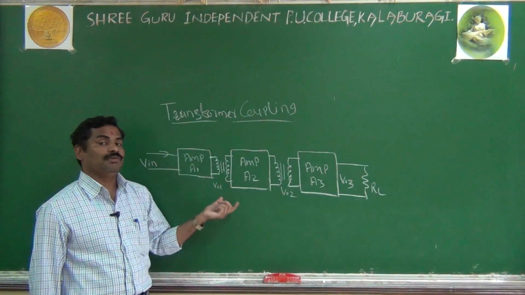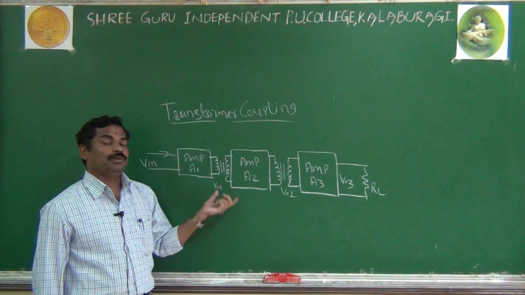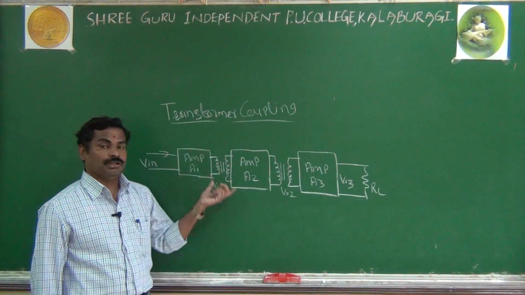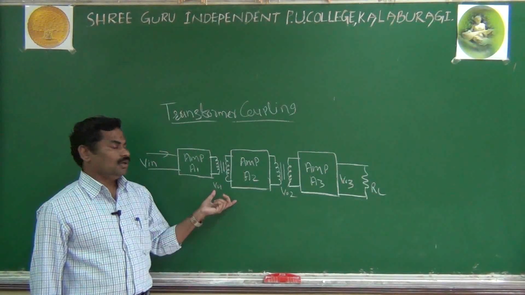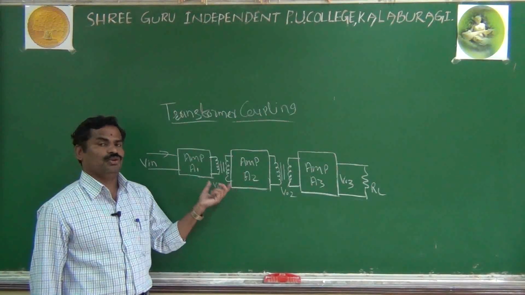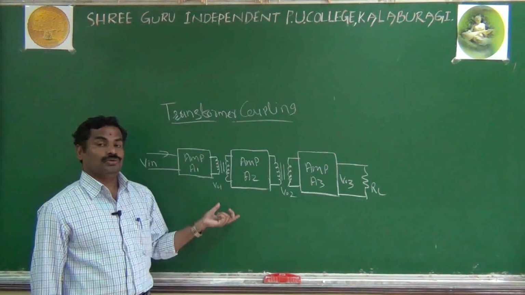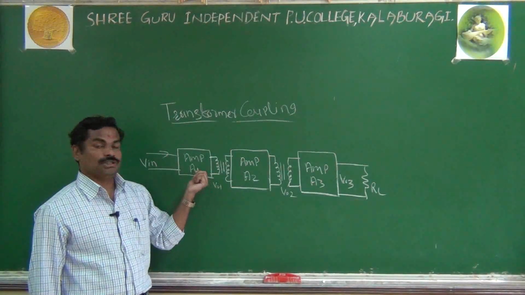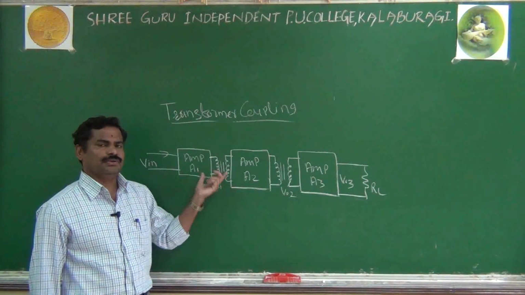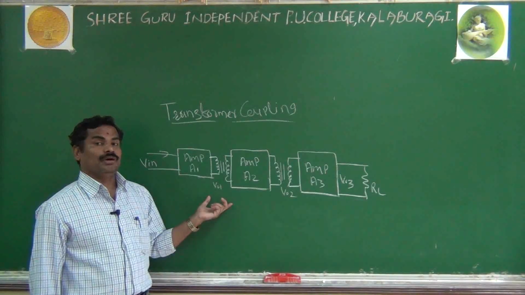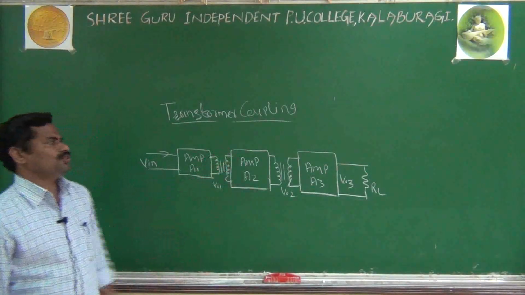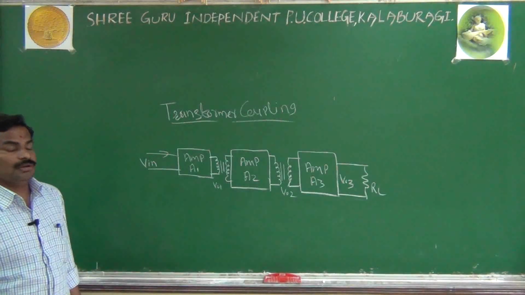Because whenever you want more power, or power amplification, you go for transformer coupling. It is not used for low frequency amplification, because transformers are very bulky and also very costly. This is about the importance of the transformer coupled amplifier.